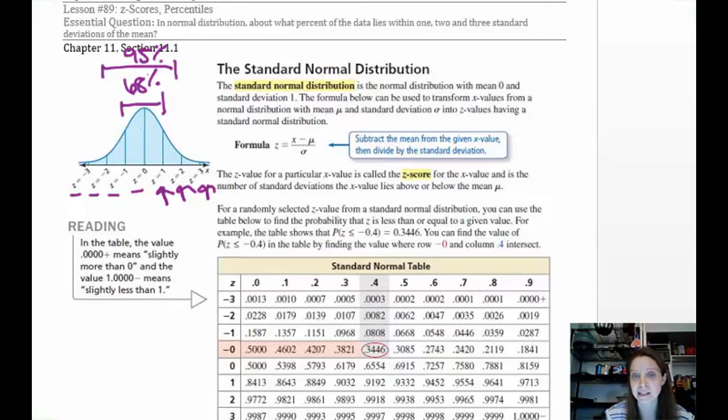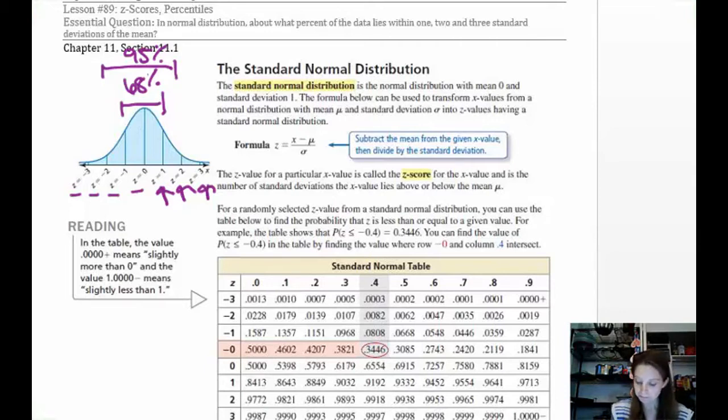For a randomly selected z value from a standard normal distribution, you can use the table below to find the probability that z is less than or equal to a given value. For example, the table shows that the probability of z being less than or equal to negative 0.4 is equal to 0.3446.